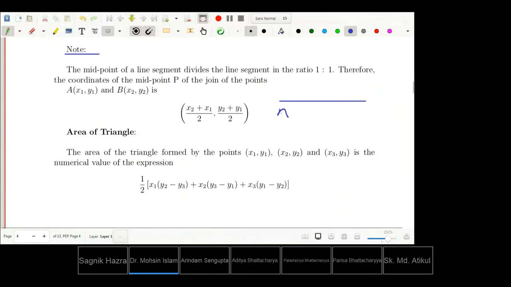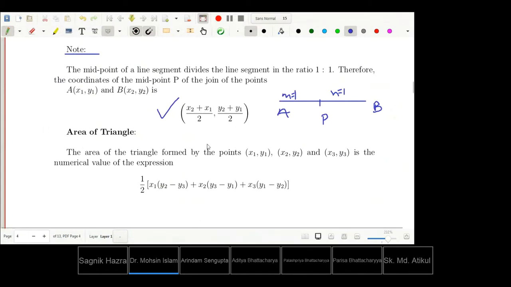You have A, B, and this is P. If the ratio is 1:1, then m is equal to 1 and n is equal to 1. So naturally your point is the midpoint, because a 1:1 ratio gives the midpoint. So your formula will be x2 plus x1 by 2, y2 plus y1 by 2. Okay, so that is the formula for the midpoint.